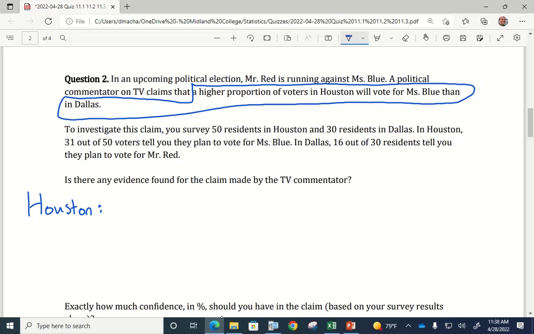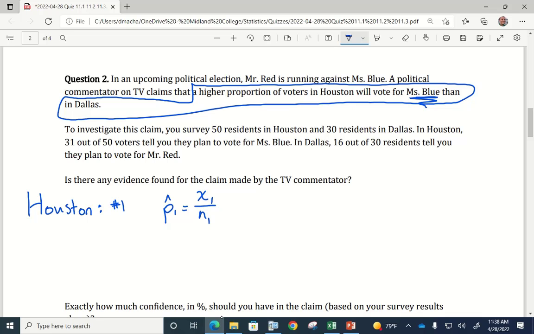In Houston, we're going to call this population number 1, and I'm going to say that my sample proportion is going to be x1 over n1. So n1 is going to be my sample size. How many voters in Houston am I looking at? x1 is going to be the number of those voters that is voting for Miss Blue.